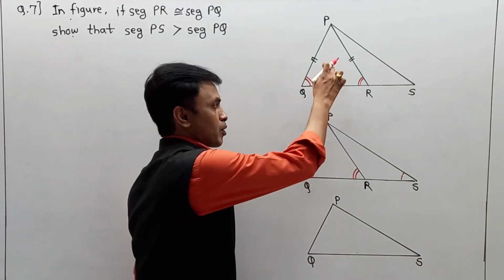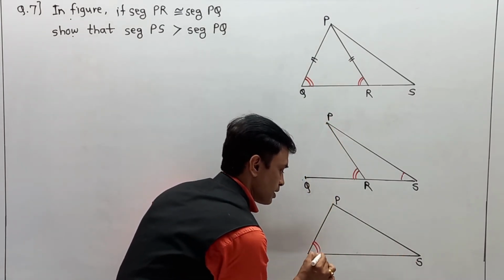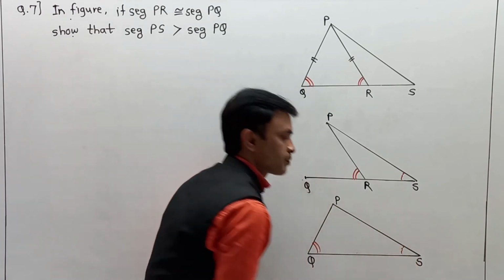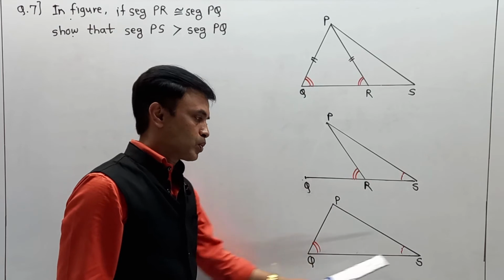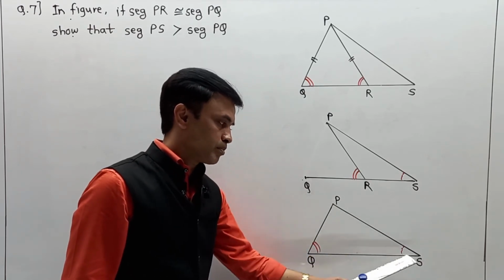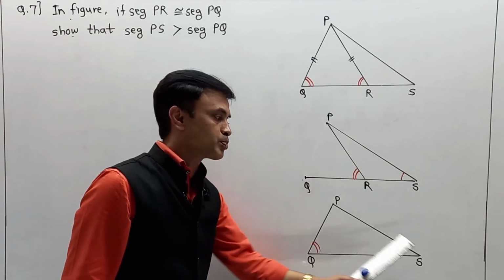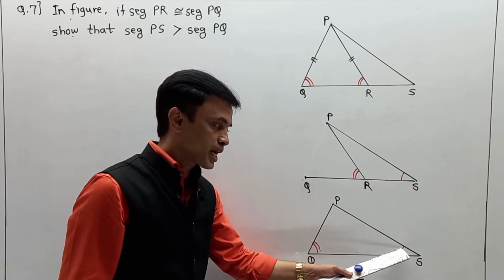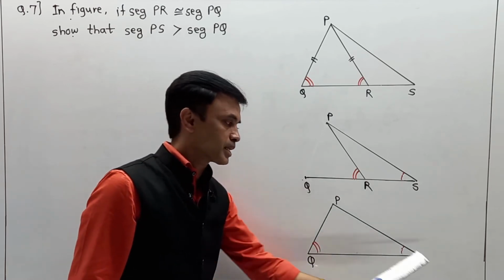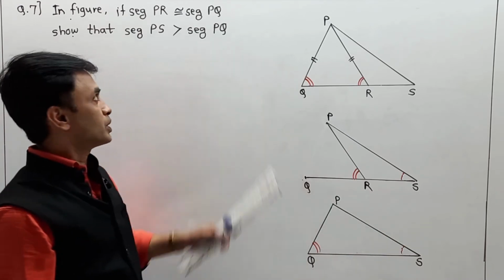Now automatically from 1 and 2, angle PQS is greater than angle PSQ. Naturally this angle is greater, its opposite side PS is greater, or this angle S is smaller, so its opposite side PQ is smaller. Means you can say that PS is greater than PQ, and that is what we wanted to prove.